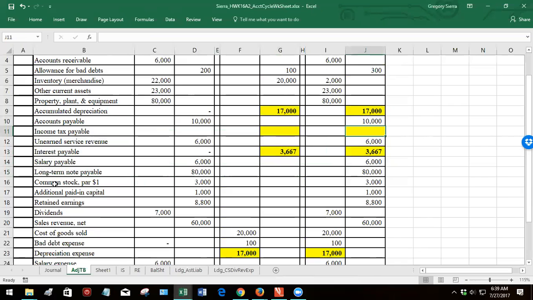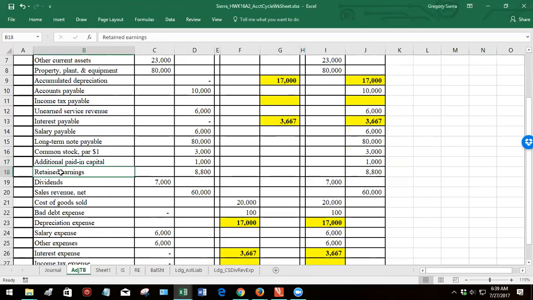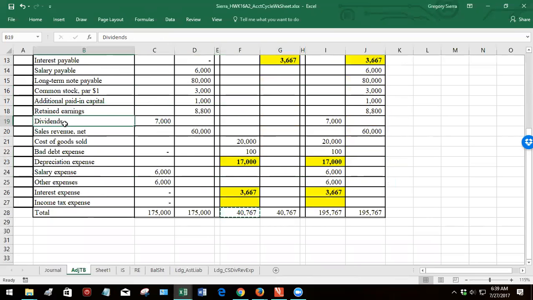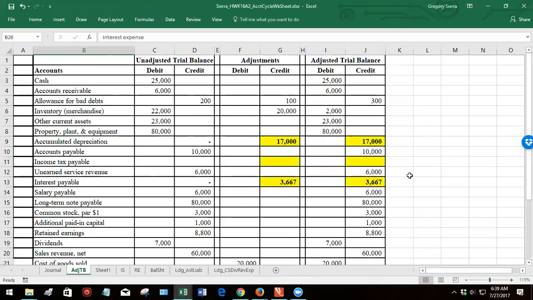Then you get to common stock par, additional paid-in capital, retained earnings. These are the stockholders' equity components. Dividends is a temporary account that will be closed to retained earnings. We have revenue, and then we'll have all the expenses. This organization really makes your life a lot easier.